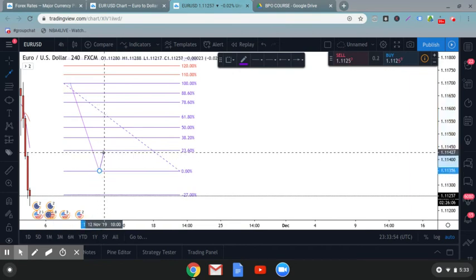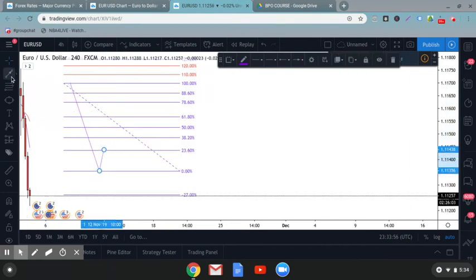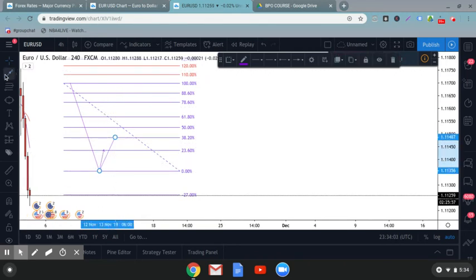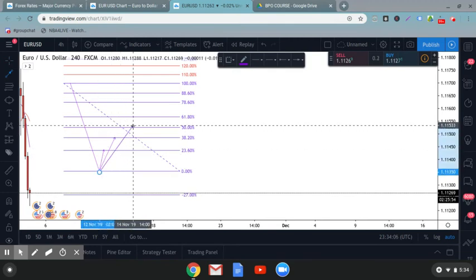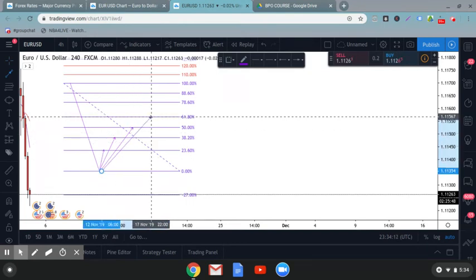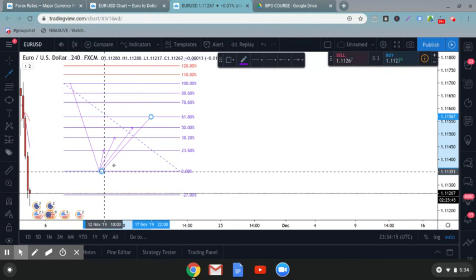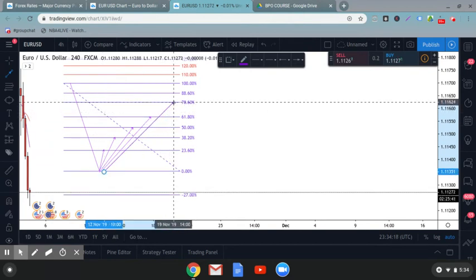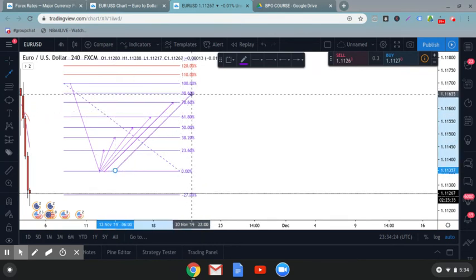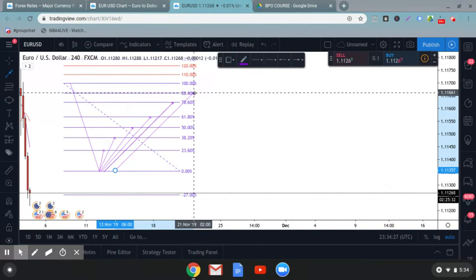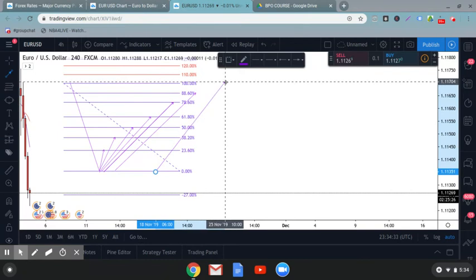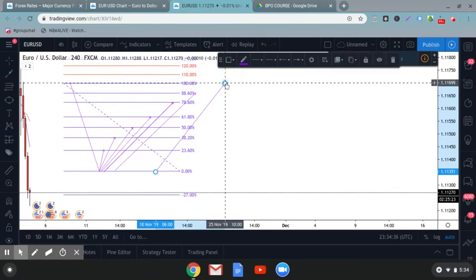So what can happen, and why we use these fibs? The market can do this. The market can technically go up to all of these levels, and it can even go all the way up to the 100 and do a full market retest.